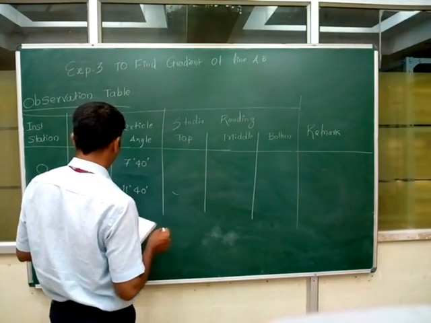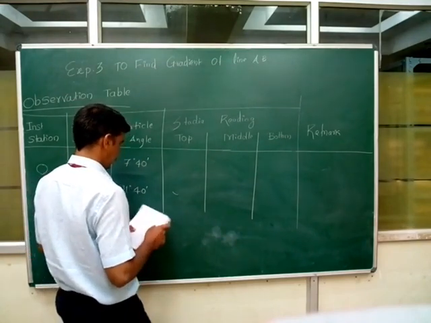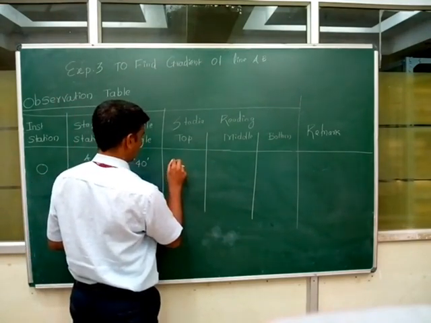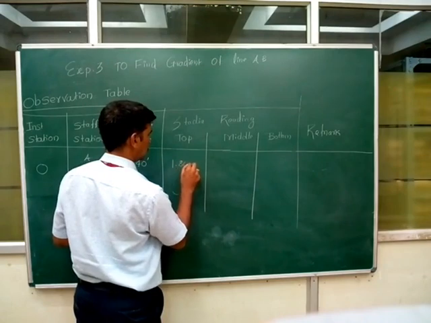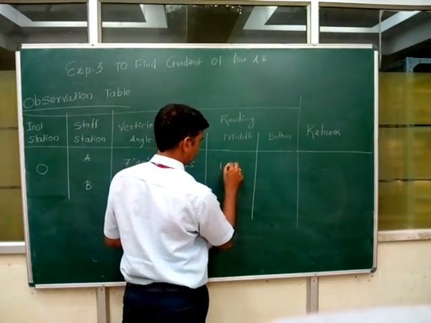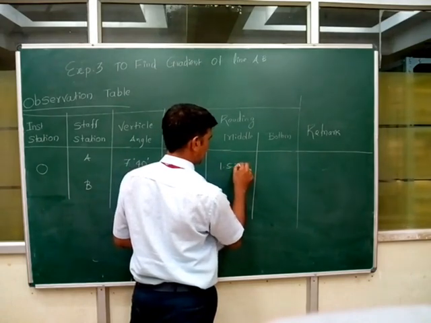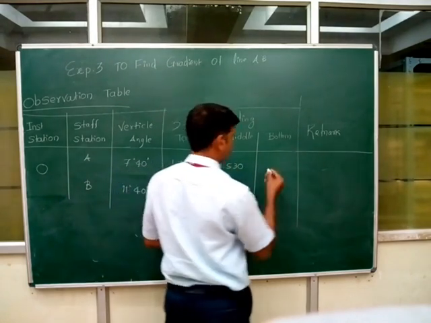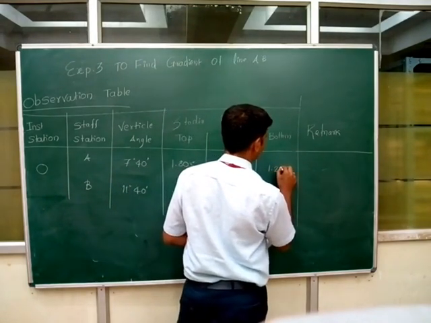The top crosshair reading for station A is 1.805, middle is 1.530 and bottom is 1.250.